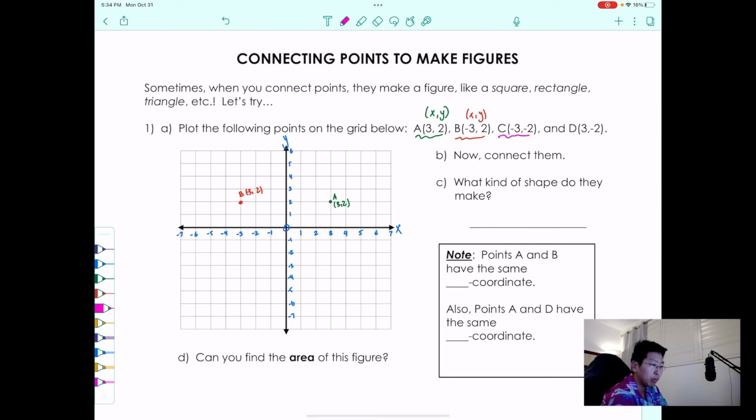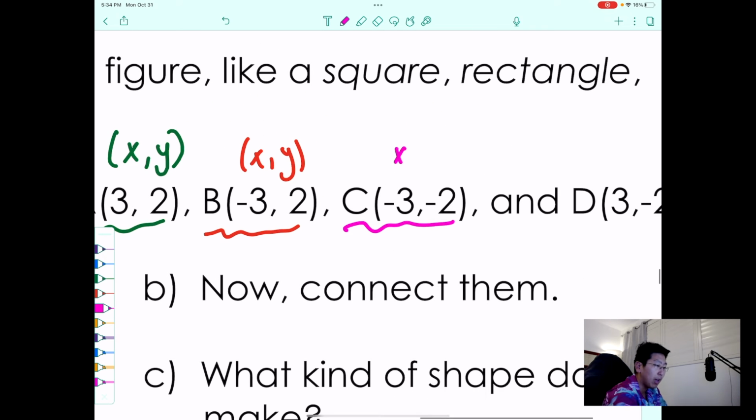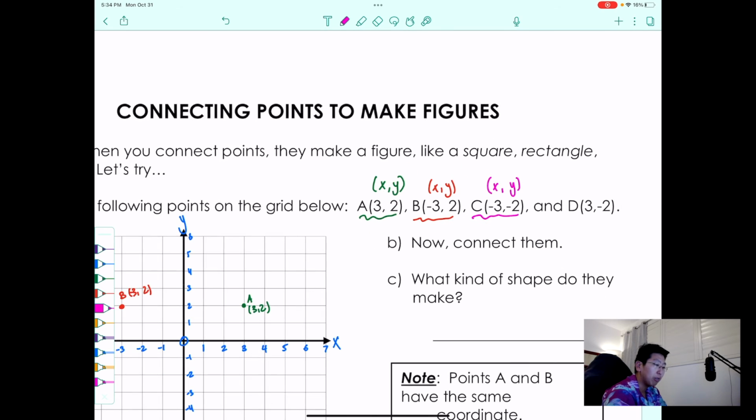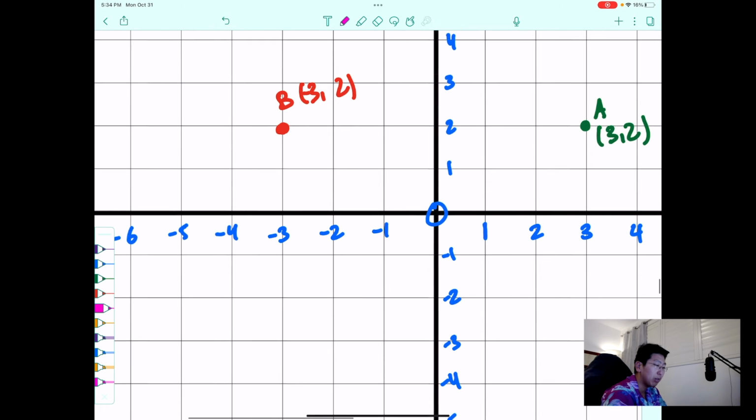I'm going to move a little bit more quickly. Point C, remember our x value comes first, then our y. So -3, -2. I'm going to find -3 on the x-axis. 1, 2, 3. This is -3, -2 right here. So this is where they meet. -3, -2. This is point C.